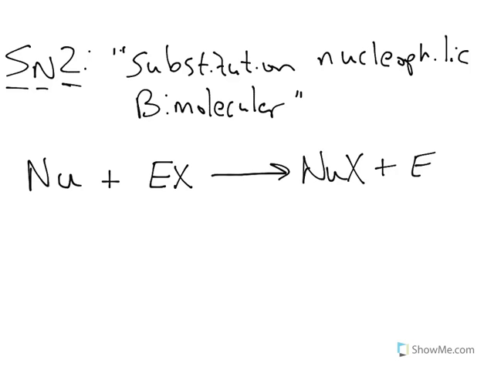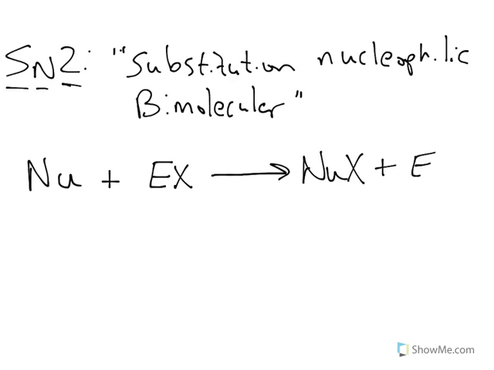What I want to show you is why this is called bimolecular. In this case the reaction mechanism is a single step, so not only is this the elementary step, it's also the overall reaction.